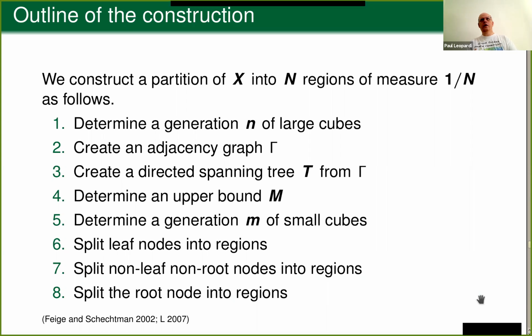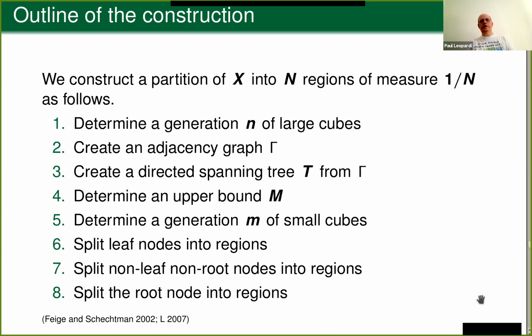Step one, what we want to do is partition our space X into N regions of measure 1 on N. So step one, we determine a generation of what we call large cubes. We create an adjacency graph. Then from that graph, we create a directed spanning tree.